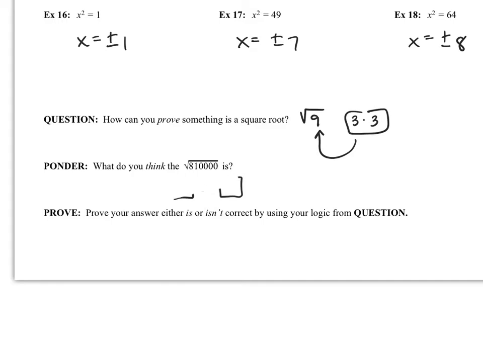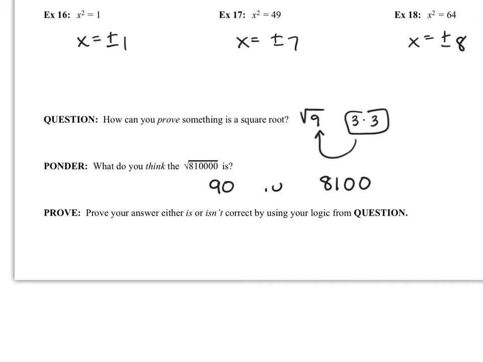So I have this feeling that the square root of 810,000 might have a 9 in it, because the square root of 81 is 9. And I'm going to guess that it's 90. I'm going to check if it's 90 by doing 90 times 90. I know that 9 times 9 is 81, and that's 2 zeros, so that's actually going to be 8100. So I didn't have enough zeros in my answer.